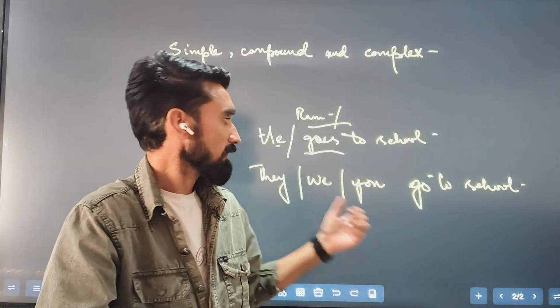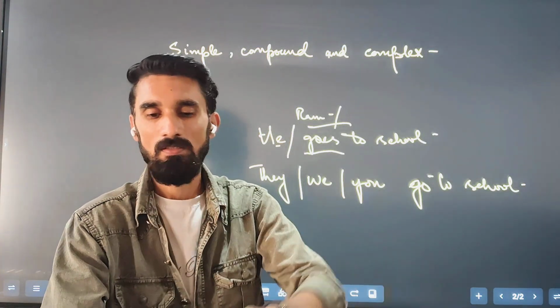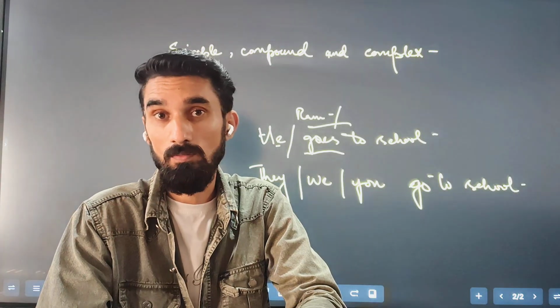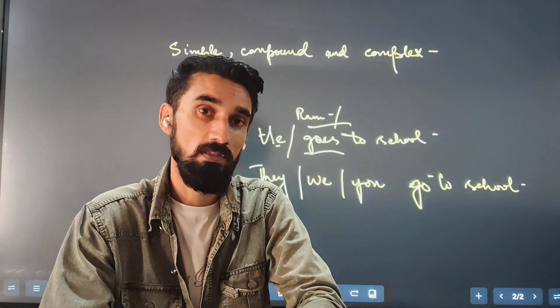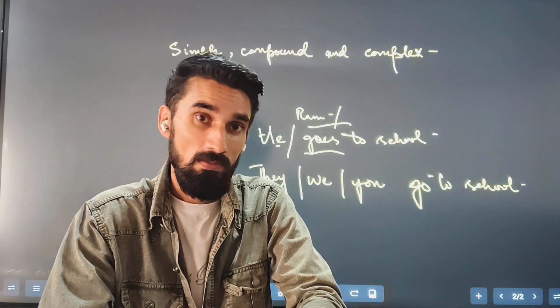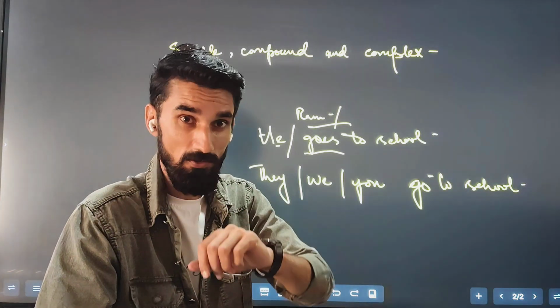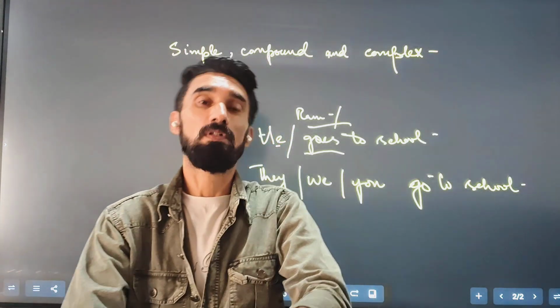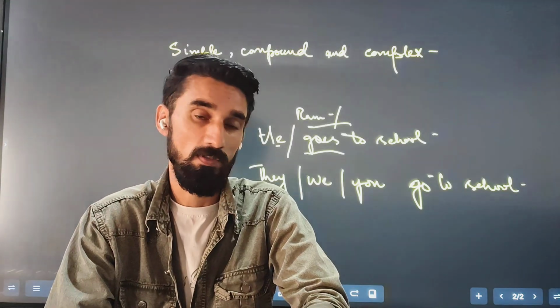And when you have a third person plural subject or first person or second person, the verb will be in the base form. You won't put an S or ES after the verb there. So it means a finite verb aligns with the number of the subject, or with the person of the subject, whether it is first person, second person, or third person.